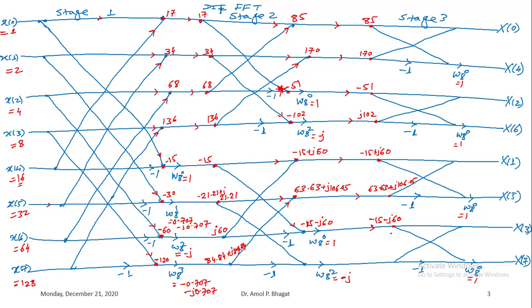Okay, so again at this point again -21.21 plus j21.21 will get added with this -84.84 plus j84.84 getting multiplied with -1, so the addition of 21.21 is getting added with this 84.84, so you will get this minus 63.63 and again minus.